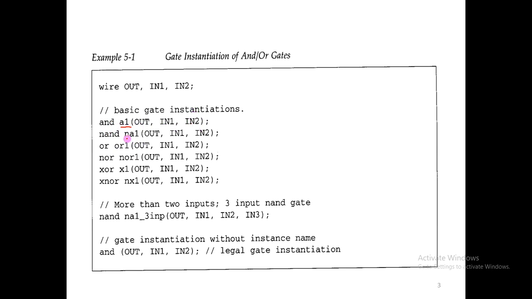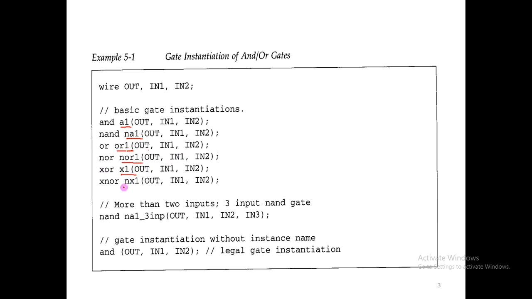Similarly, NAND, optional label, output followed by inputs. OR: R1 is an optional label, out is the output, followed by any number of inputs. It's a two input OR gate. Similarly, NOR1 is the optional label, out followed by any number of inputs.